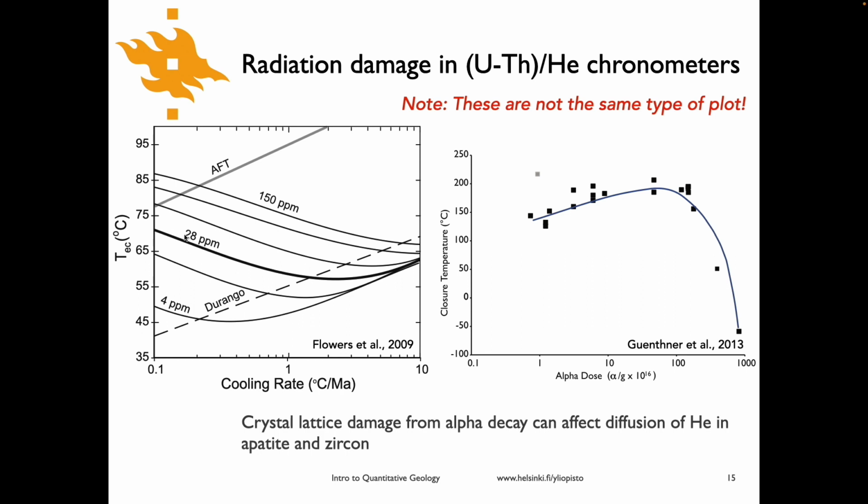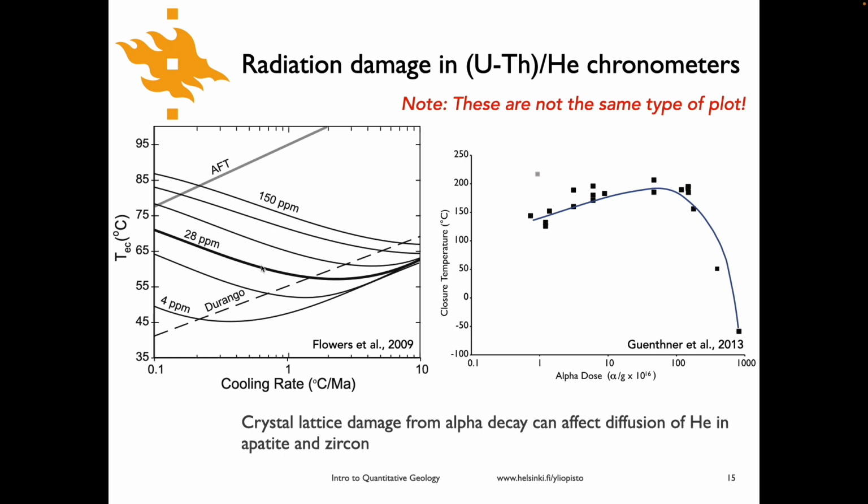And the decrease in the closure temperature here is reflecting the fact that this radiation damage is changing the way in which the diffusion of the helium is occurring, and it can change it in sometimes unexpected ways.